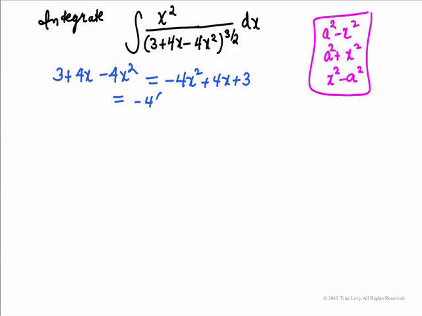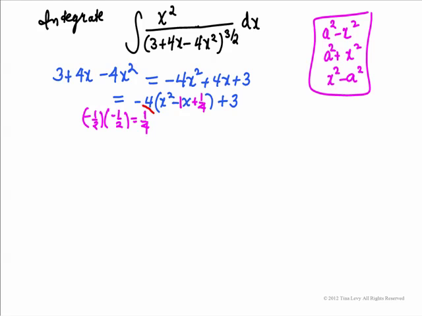So I factor out a negative 4, and I have x squared, negative 4 into positive 4x, negative x, plus 3. Completing the square, the coefficient here is negative 1, so I have negative a half, and when I square that, that is positive a fourth. So I add positive a fourth.